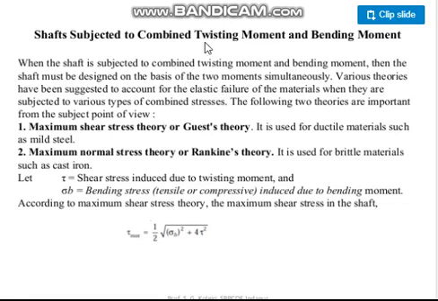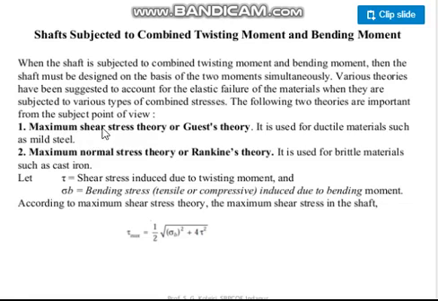That means T also, M also. Various theories have been suggested to account for the elastic failure of materials which are subjected to various types of combined stresses. These are the theories of failure we have seen.